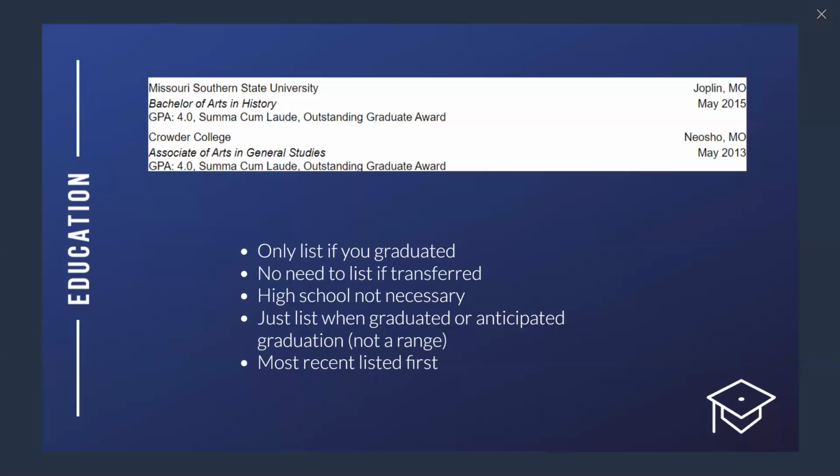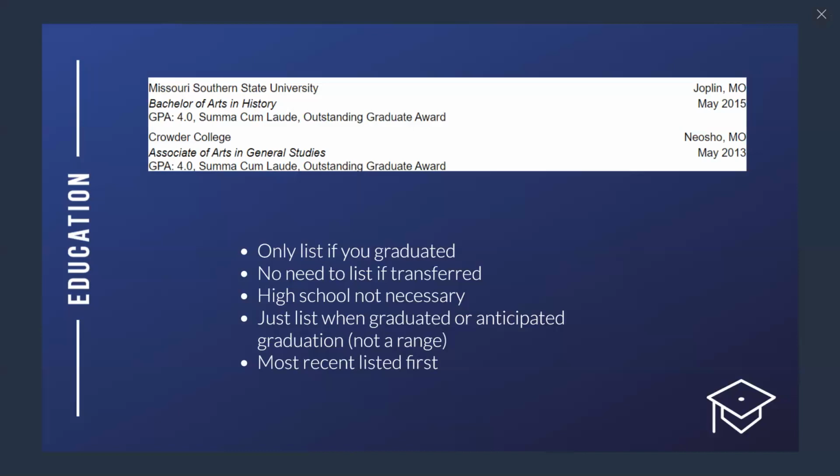You don't need to list the entire range that you've been in college because that doesn't necessarily let somebody know if you're a freshman or a sophomore, because sometimes things happen. So you only want to list when you graduated, like a month and a year, like you see on the screen, or your anticipated graduation. So if you said anticipated graduation, December 2021, they would know, okay, this student has about a semester left, so they're probably a senior level.